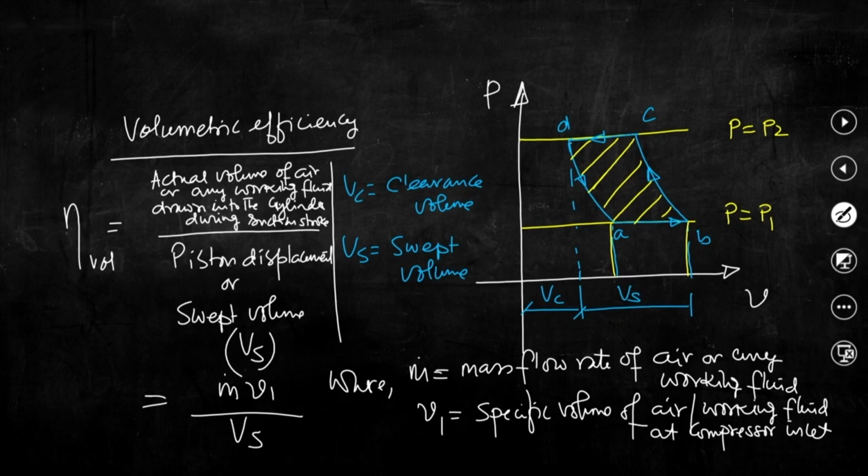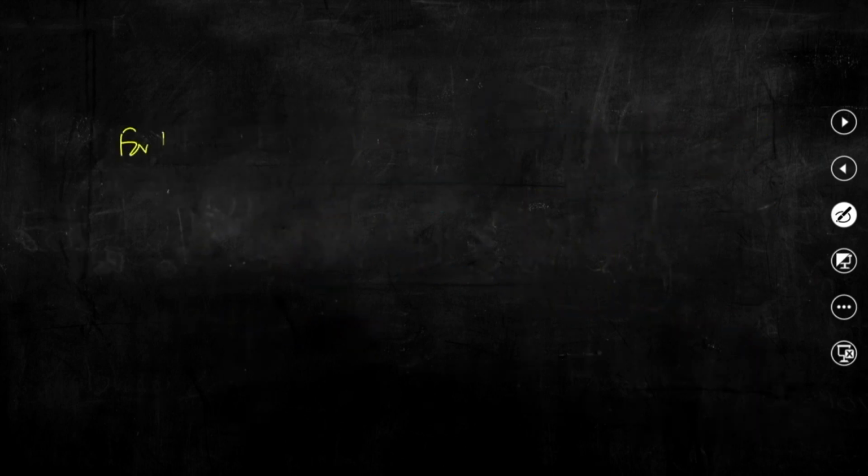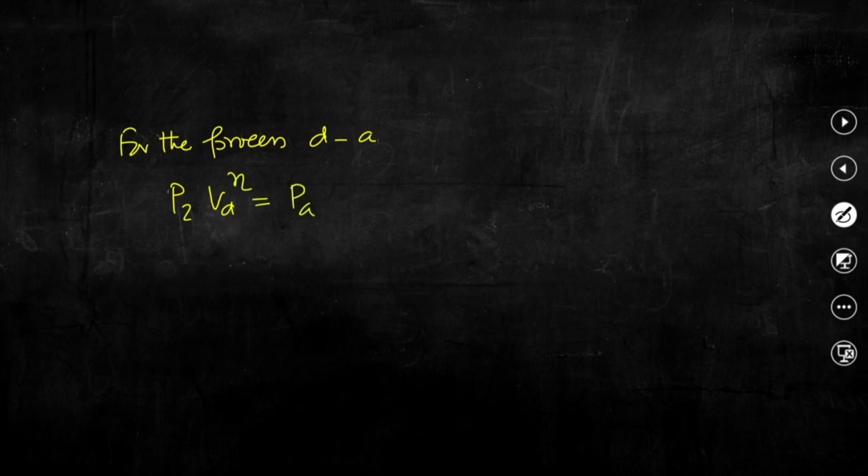Else, what we can write, if we assume that this process is PV to the power gamma equal to constant, or a more generic process, if we assume that PV to the power n equal to constant, then for the process D to A, we can write P2 Vd to the power n equal to Pa, this is Pd, and Pd equal to P2 and Pa equal to P1 Va to the power n.